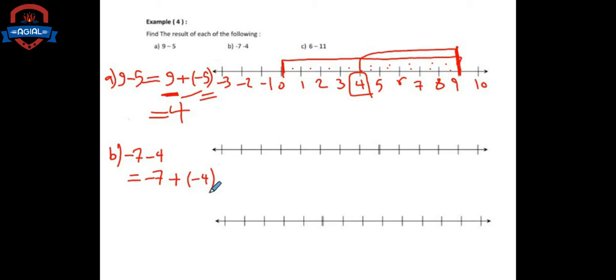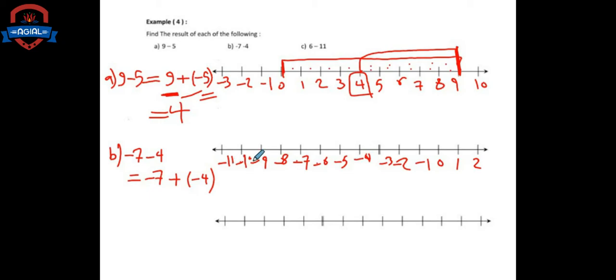We represent the set of integers on the number line. Here we have 0, to the right 1, 2, and so on. To the left we have negative 1, negative 2, negative 3, negative 4, negative 5, negative 6, negative 7, negative 8, negative 9, negative 10, negative 11.